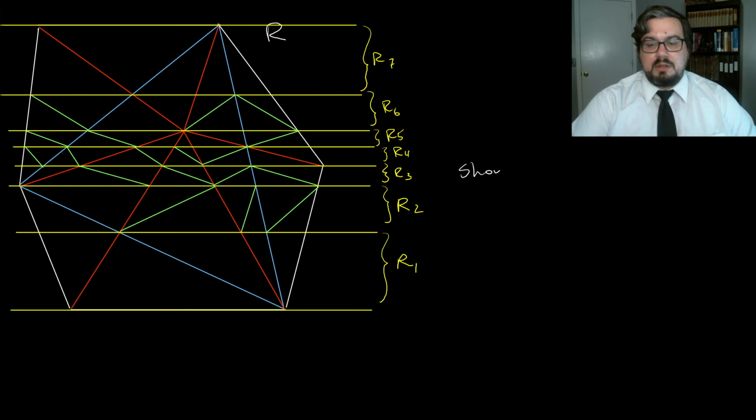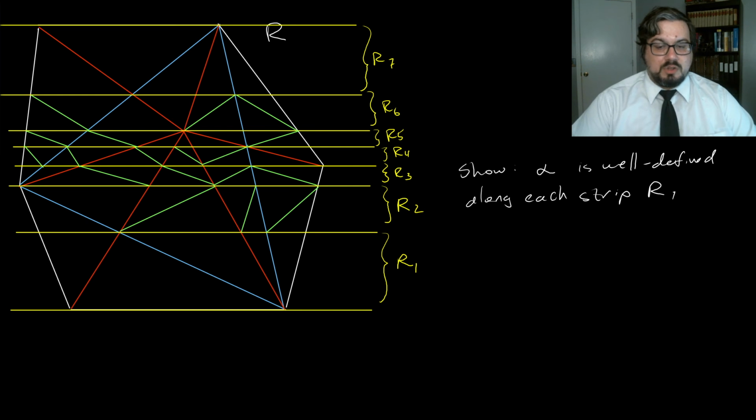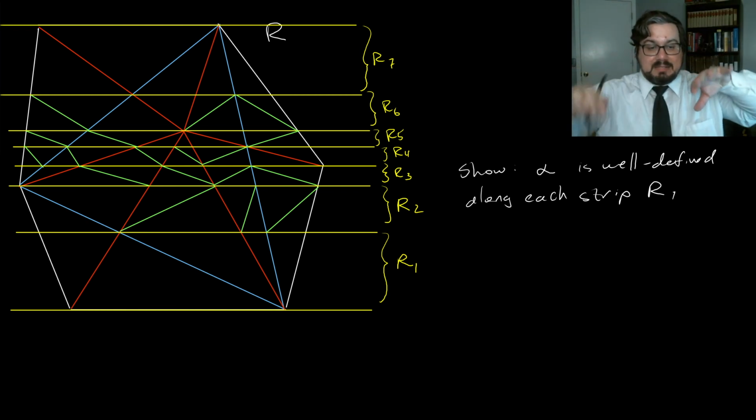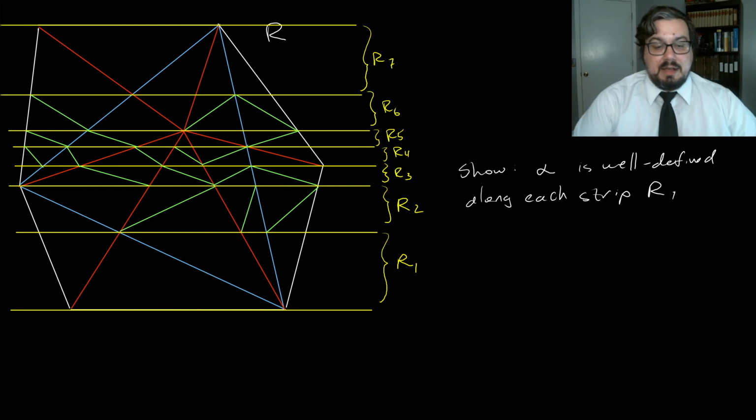What we show is that the area function alpha is well defined along each strip R1. So in other words, we show that if we have a trapezoidal region where the triangularization only involves segments that go from the bottom of the trapezoid to the top of the trapezoid and no other messiness in between, then the area is well defined.